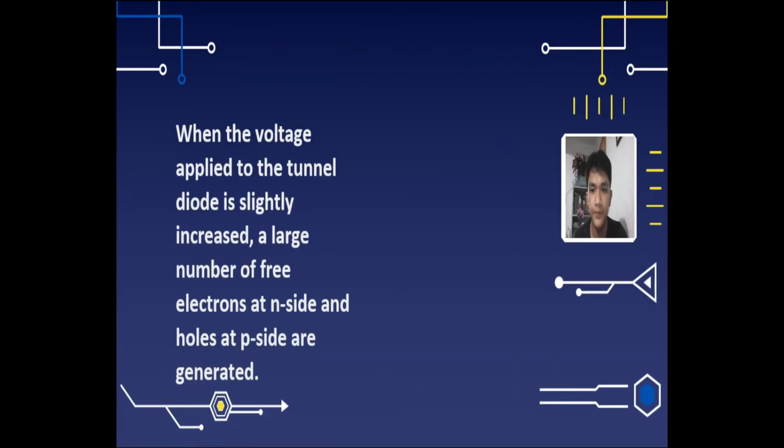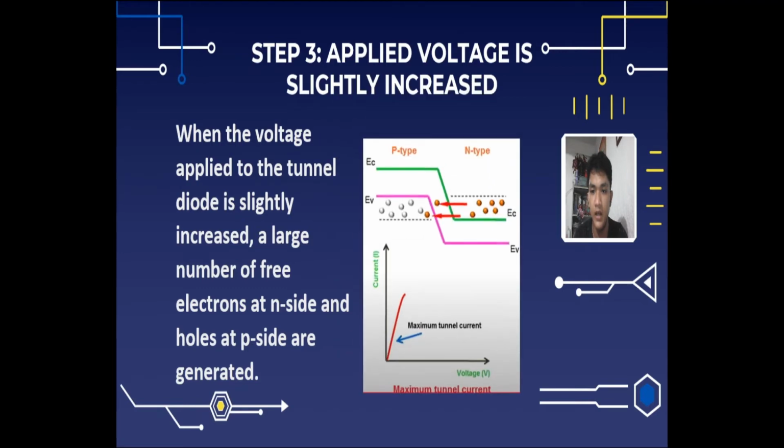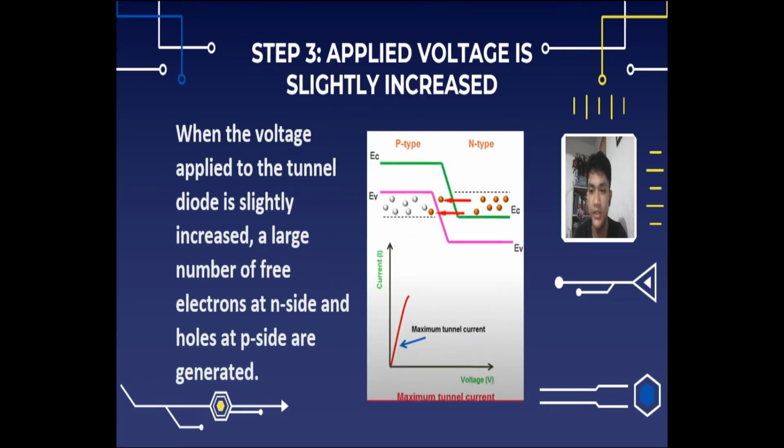Next step, step 3, is when the voltage applied to the tunnel diode is slightly increased. A large number of free electrons at the N side and holes at the P side are generated.